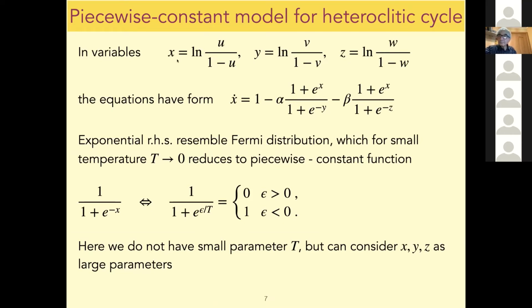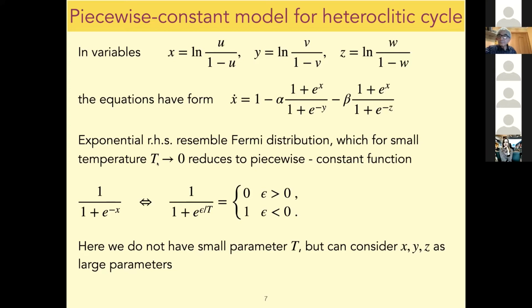Again, I write my equation in these variables x, y, z, which are logarithms of the original variables, and the right-hand side looks like this. You see there are exponential functions, and especially in the denominator, for those who studied physics, it resembles what is called the Fermi distribution, a function of energy.